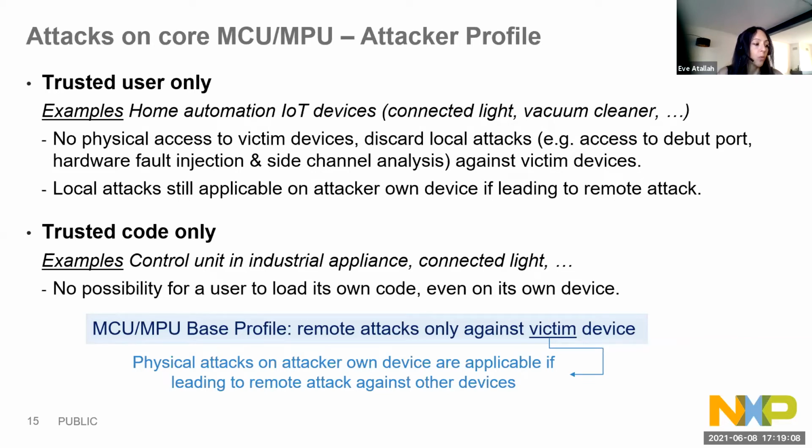So just a word on why victim is underlined. This is because there is a slight precision to add: there are still physical attacks to be taken into consideration by the evaluators during the evaluation, which are the ones that an attacker can do if he owns an instance of the device and, with physical manipulations, is able to build a remote attack against other devices, for instance by disclosing a master private or secret key.